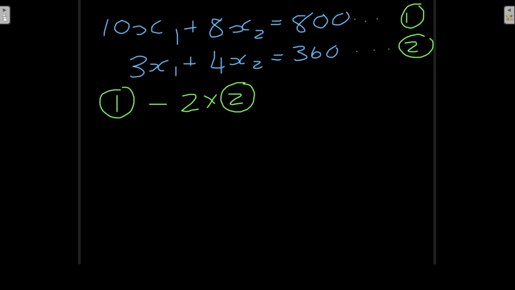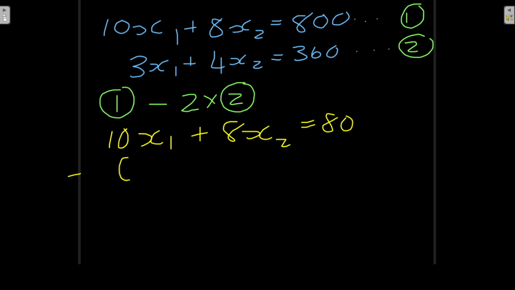So if I do that, I will get 10x1 and then I subtract from that 2 times equation 2. So 2 times 3x1 will be 6x1. 2 times 4x2 will be 8x2.